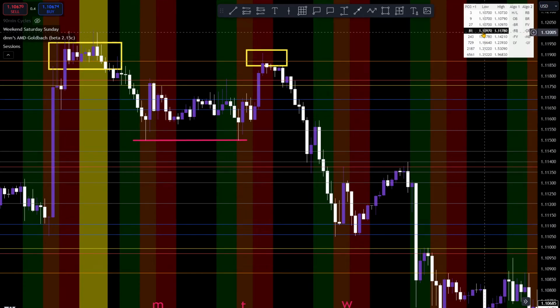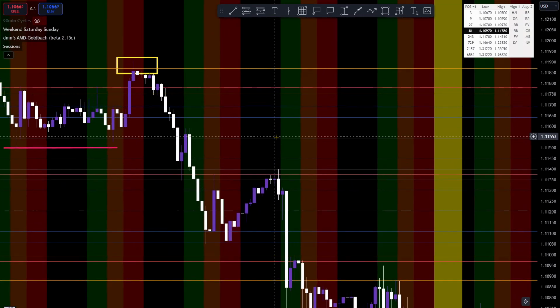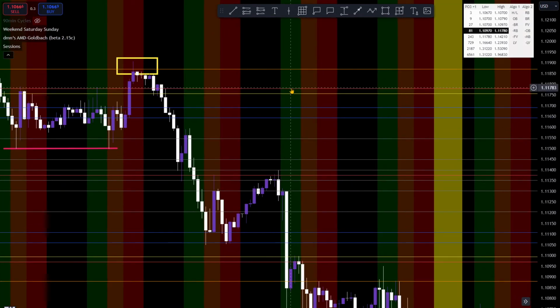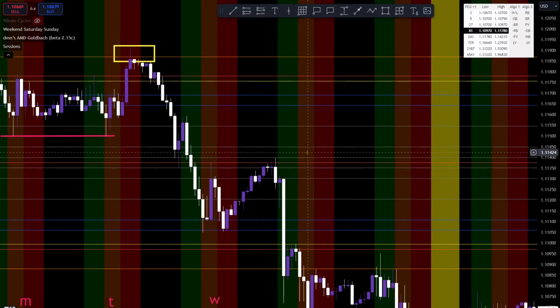So do you notice the 81? Each one of these power of 3 dealing ranges has a low and a high number. So if my high here was 1.17780, Goldbach is already doing the math for you.